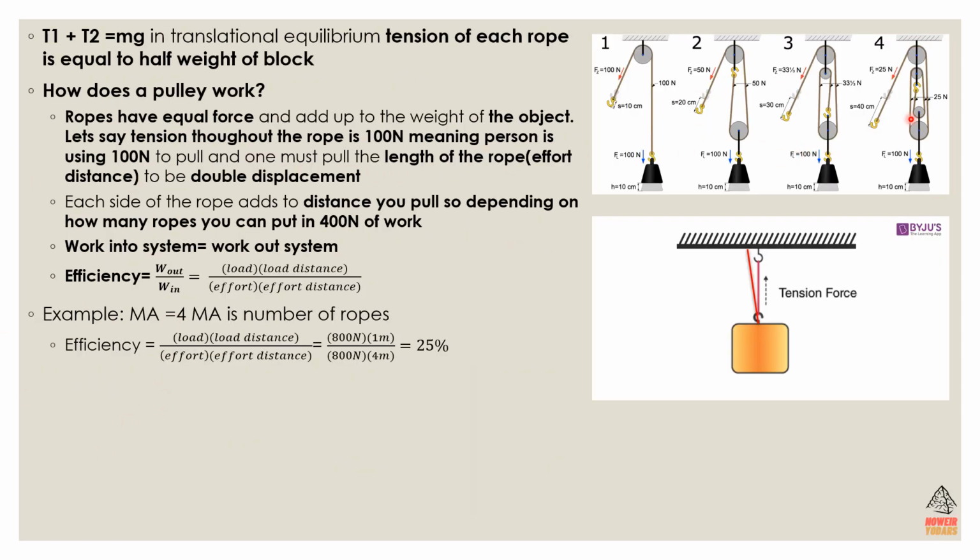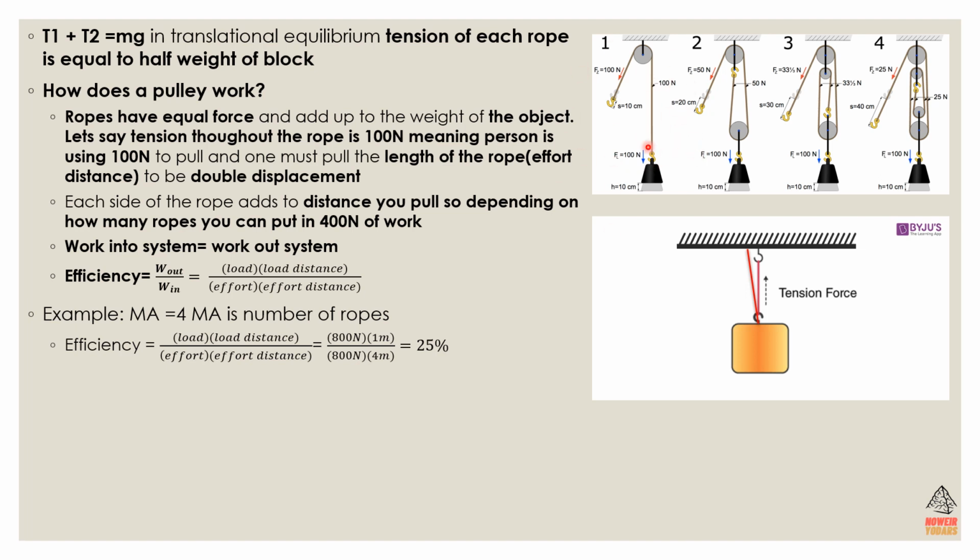Next you have a pulley system. A pulley system is really simple. Let's say you have here a rope that has 100 newtons. You exert a force of 100 newtons, meaning that the person needs to use 100 newtons to pull the length of the rope as well, to be double displacement.